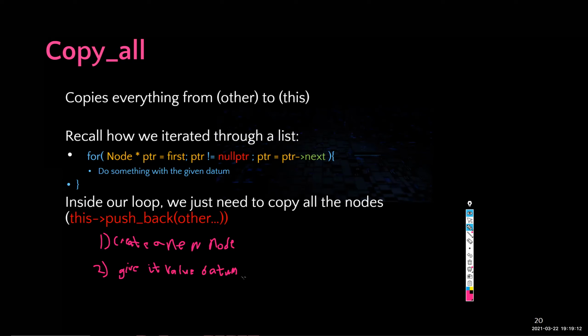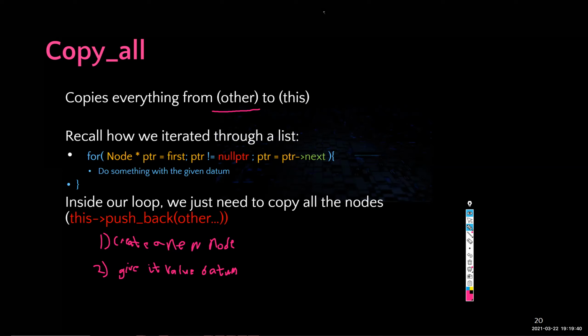And if we want to iterate through our list called other, we can just use this right here. We can start at the first of other, and we can traverse through it until we reach the end. And every time we are at a node that isn't null pointer, we want to go ahead and call either push back or push front, depending on where you start in the list. So if you start at first, you want to go ahead and push back, right?